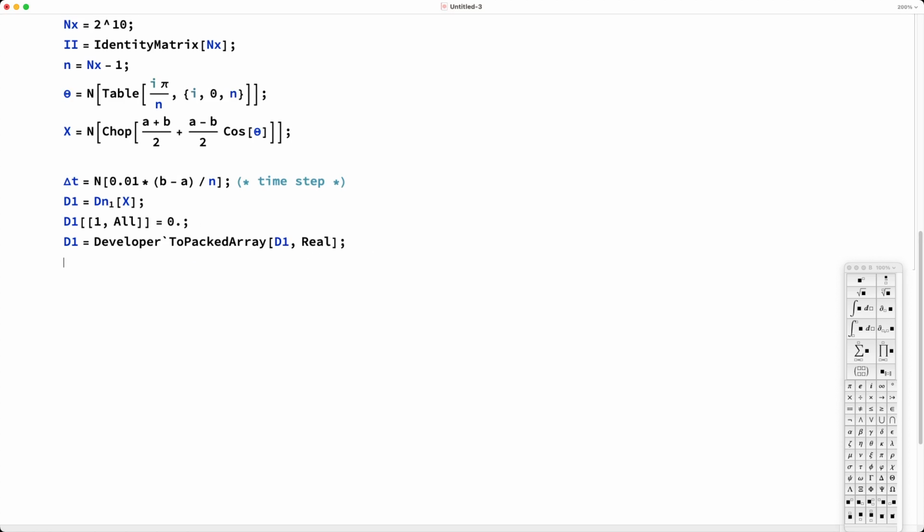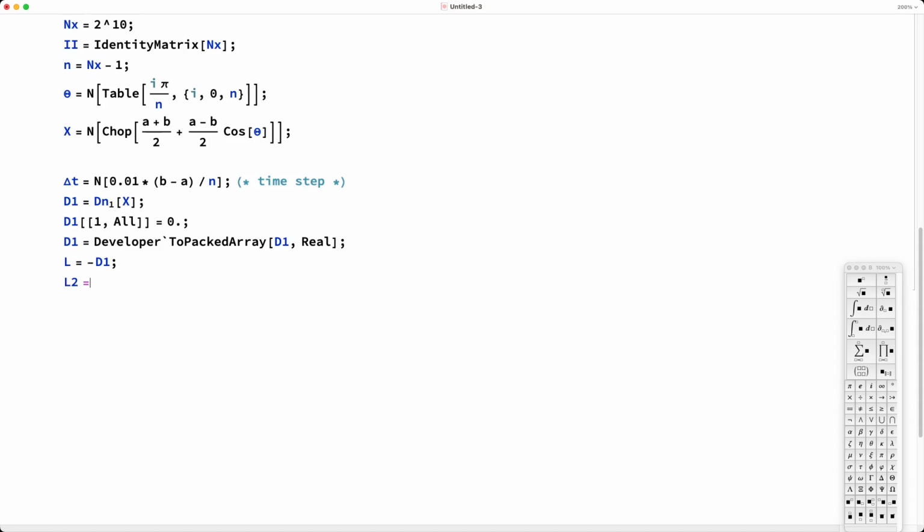Okay, now let's specify that our operator L, as we just saw, is minus c, and c is 1, so it's minus c times d1. So our operator L is minus d1, and we will also need the square of that operator.